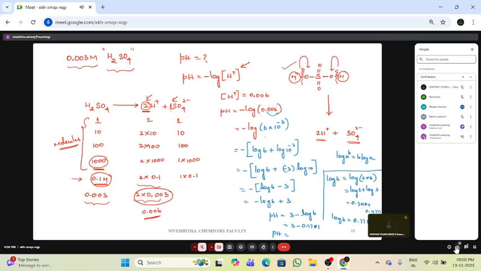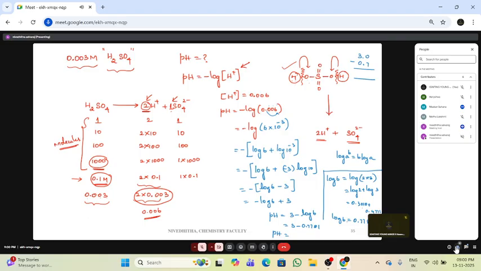3 minus 0.7. 4, ma'am? From 3, you're subtracting something, right? So from 3 you have to subtract 0.7. See, decimals have so many digits, right?